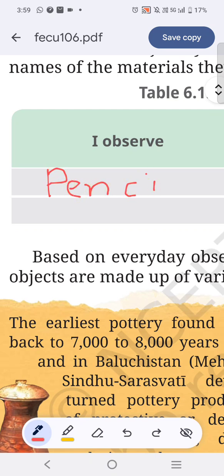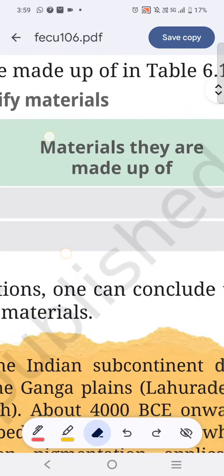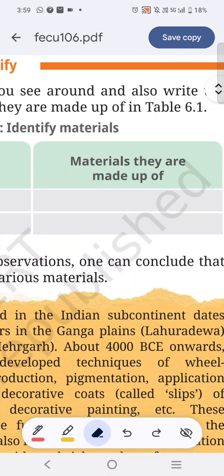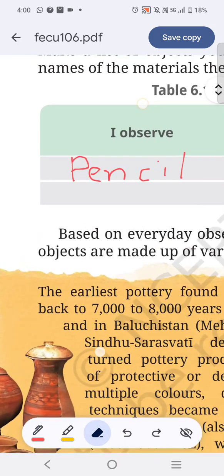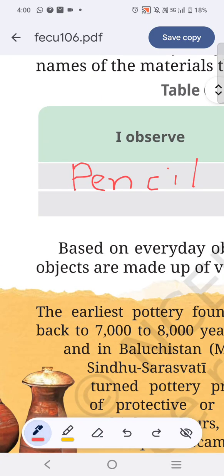A pencil is made up of wood and graphite. We don't have to write all of that. We can just write wood because about 70% is wood and 30% is graphite, so I think wood is the better choice. My handwriting is not coming out well because I'm writing with a finger on a phone.